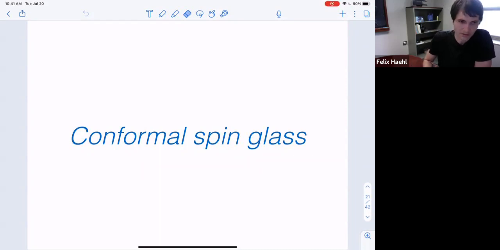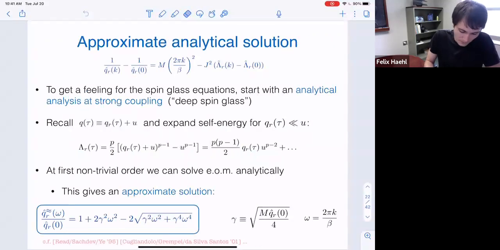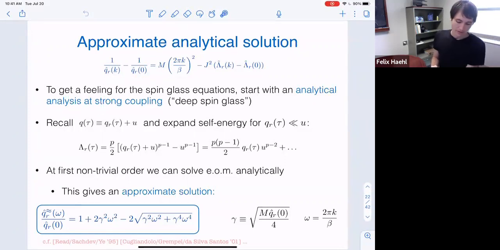And this solution is going to be the main player for much of what follows. So let's consider again these spin glass equations. Again, it's strong coupling, so we take beta j large, and now we do another expansion.